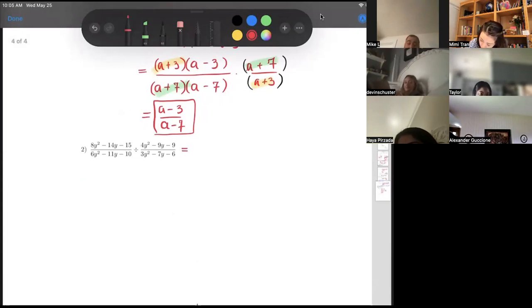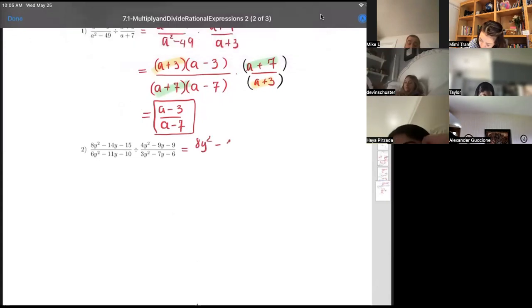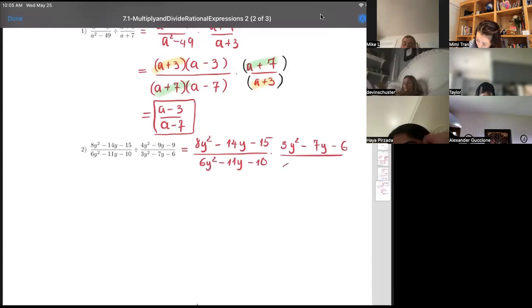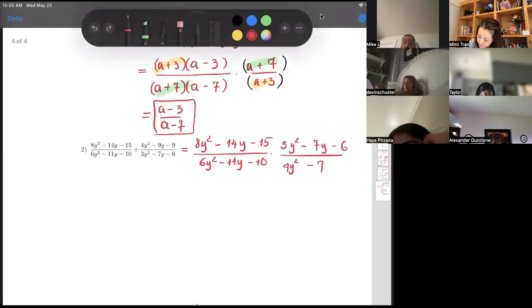So equal a y squared minus 14y minus 15 over 6y squared minus 11y minus 10, times 3y squared minus 7y minus 6 over 4y squared minus 7y minus 9.